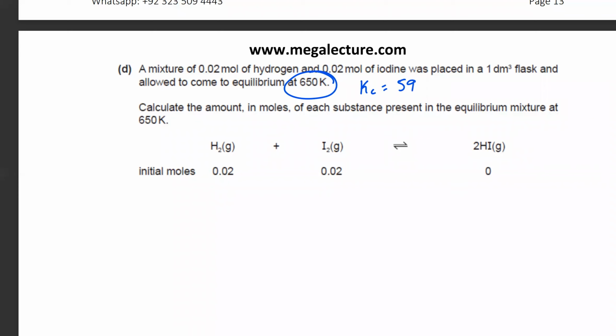I'm going to assume I've added 0.02 moles and 0.02 moles, so it's exactly the same type of question. I'm going to assume that x moles react. It's 1:1, so x moles of this would also react. And on the other side, it's 1:1:2, so 2x moles over there would be produced.